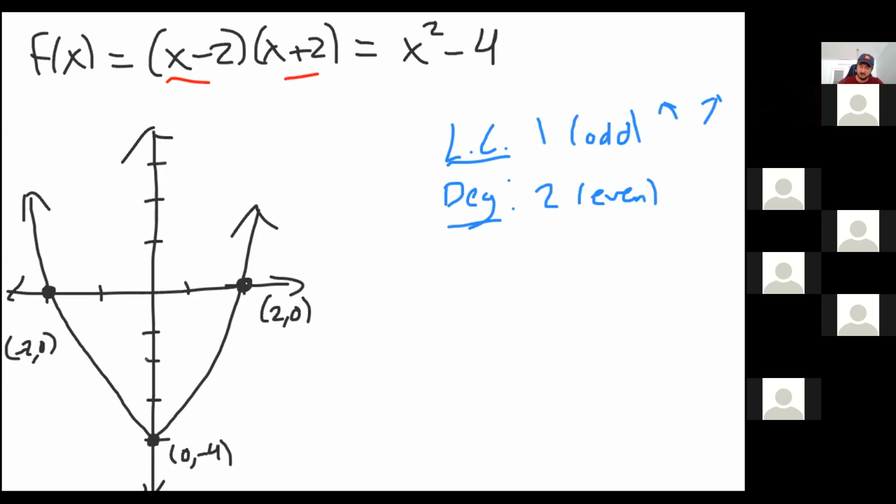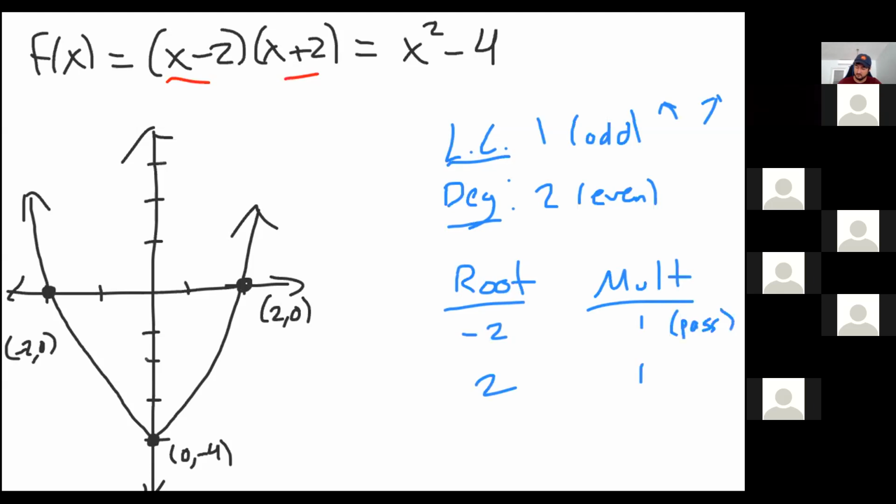And I look at my roots and their multiplicity. Well, I see that my roots are -2 and 2. The multiplicities are both 1, because I only see the factor x minus 2 and x plus 2 appearing once. So that means that at each of these 2 points, the graph passes through, because of that multiplicity.